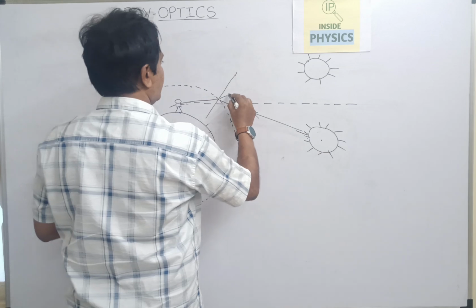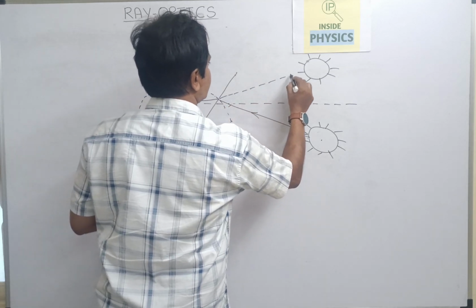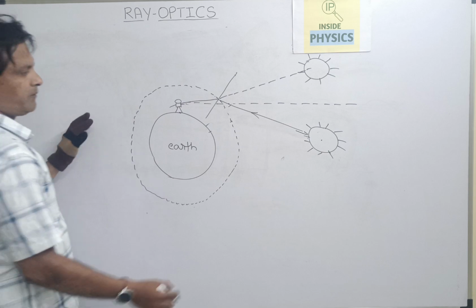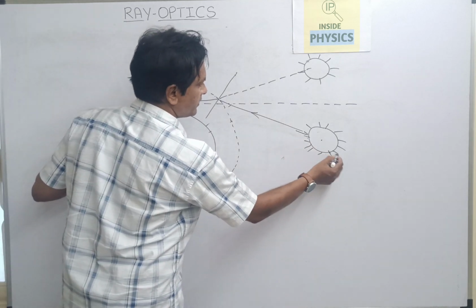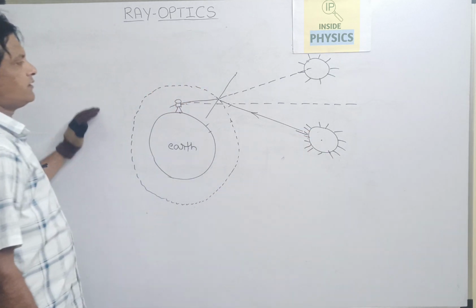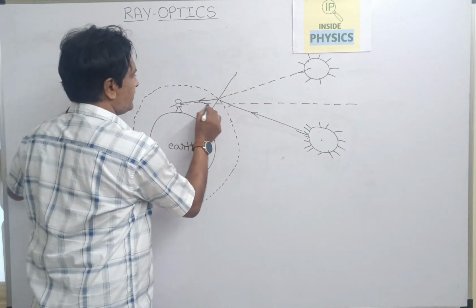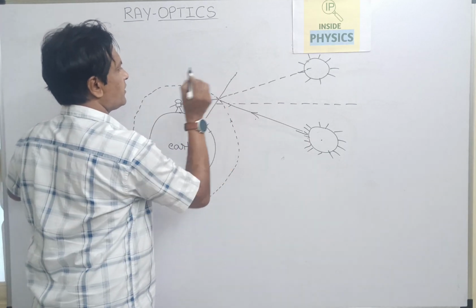So this ray is indicating the sun at a higher position. We have taken 2 or 3 steps to draw the correct picture. This is the refracted ray, this is the incident ray, this is the normal.